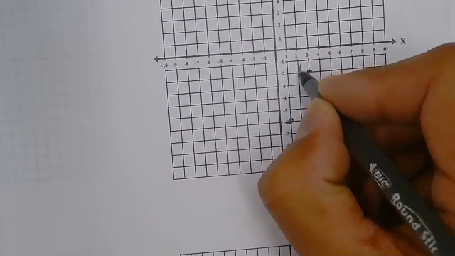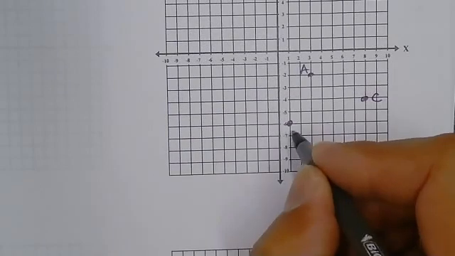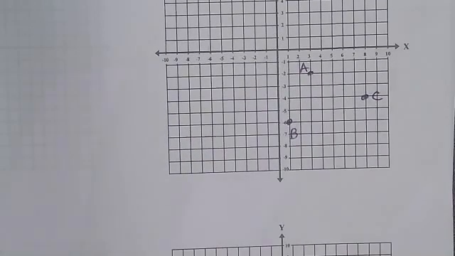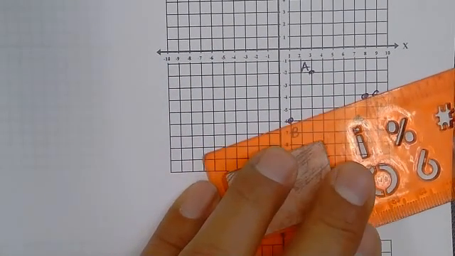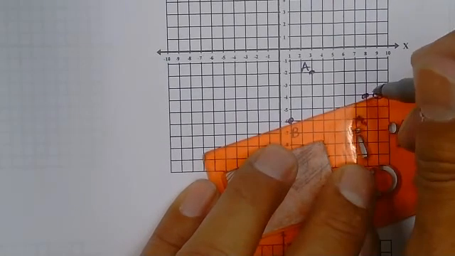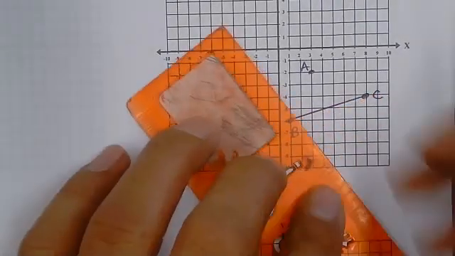Plot those, make sure you don't put them wrong. This is 8, -4. Okay, connect that, make that a nice little triangle right there.